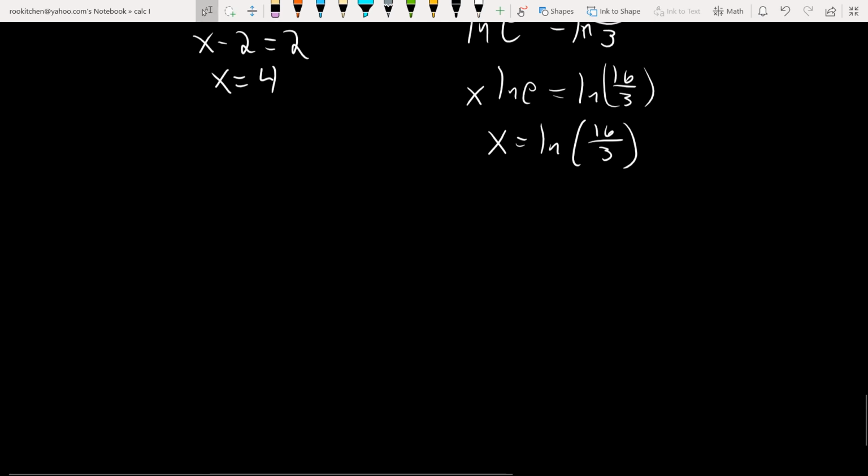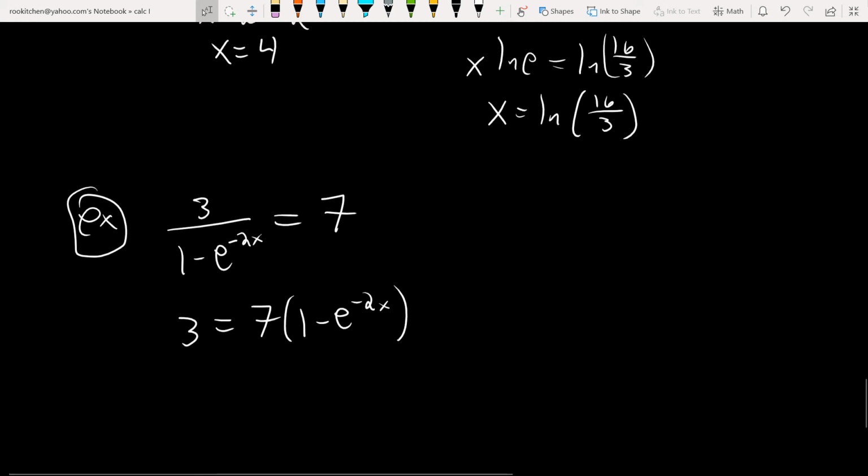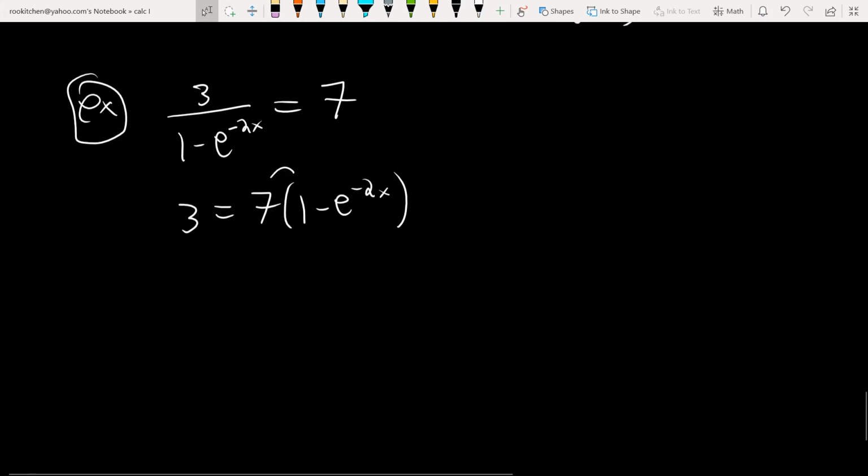This can be a lot more complicated. So maybe something like solve for x, where you have 3 all over 1 minus e to the negative 2x equals, I don't know, 7. Cross multiply, so 3 equals 7 times (1 minus e to the negative 2x). And you want to isolate the exponential term. Okay, so let's distribute.